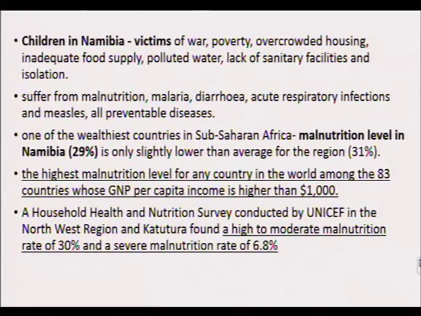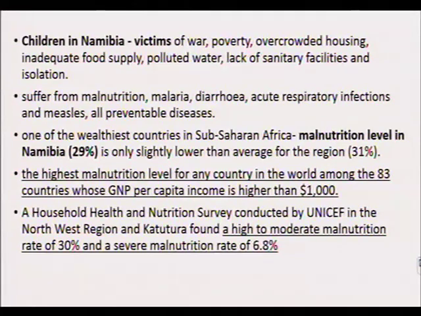That being said, something that we need to consider is that many of the children in Namibia have been victims or are victims of war, poverty, overcrowded housing, inadequate food supply, polluted water, lack of sanitary facilities, and isolation.